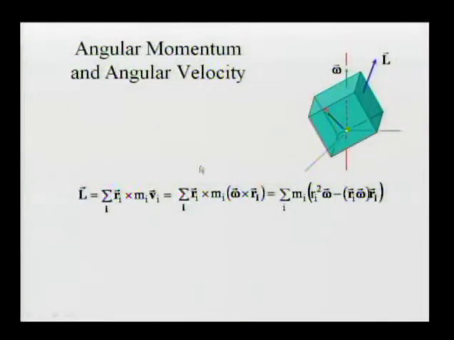So look, if I take out this mi, I have Ri crossed with omega crossed with Ri.